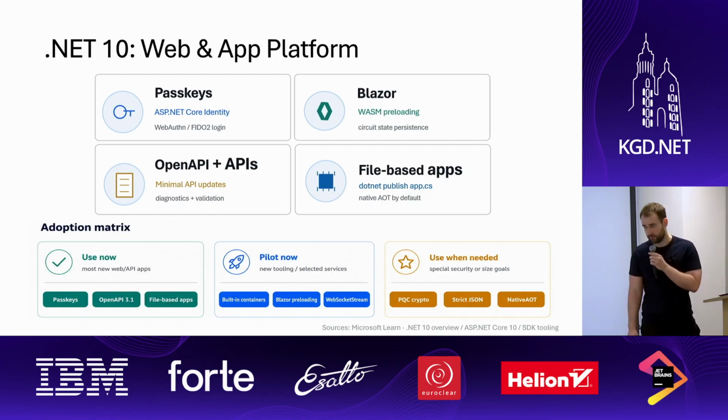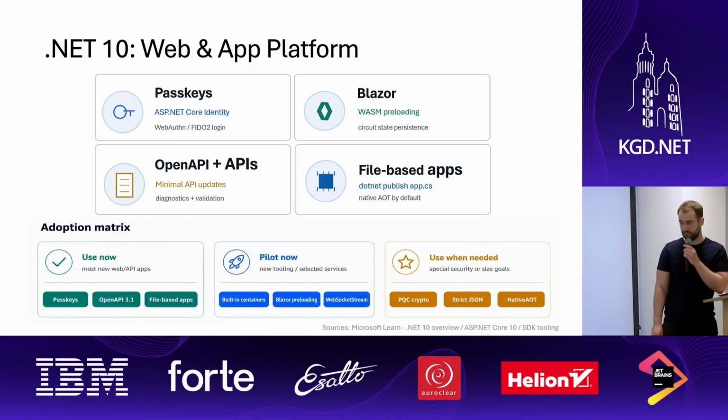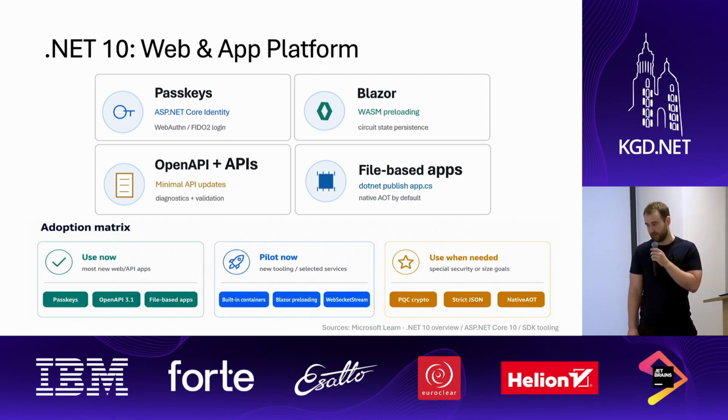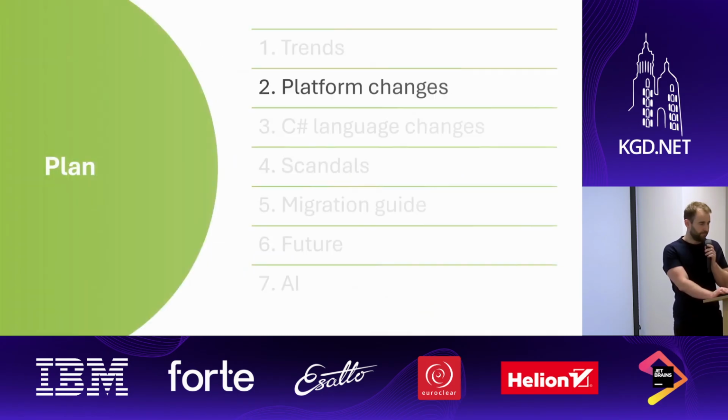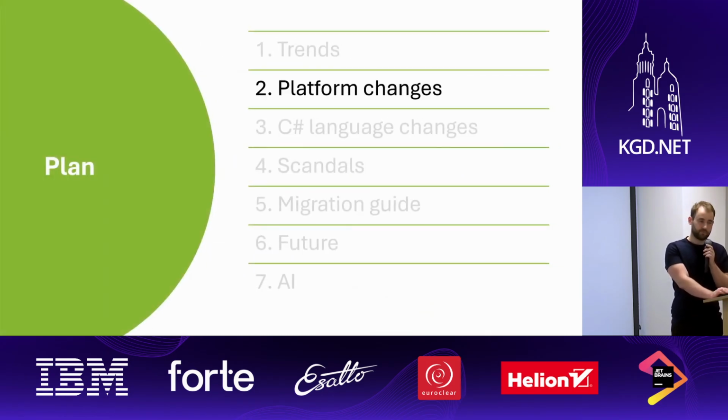So yeah, I would not really even ask who uses post-quantum cryptography here, because most likely nobody. Yeah, we have stricter JSON validation and some ahead of time, native ahead of time, so features for this part. So that was platform changes.